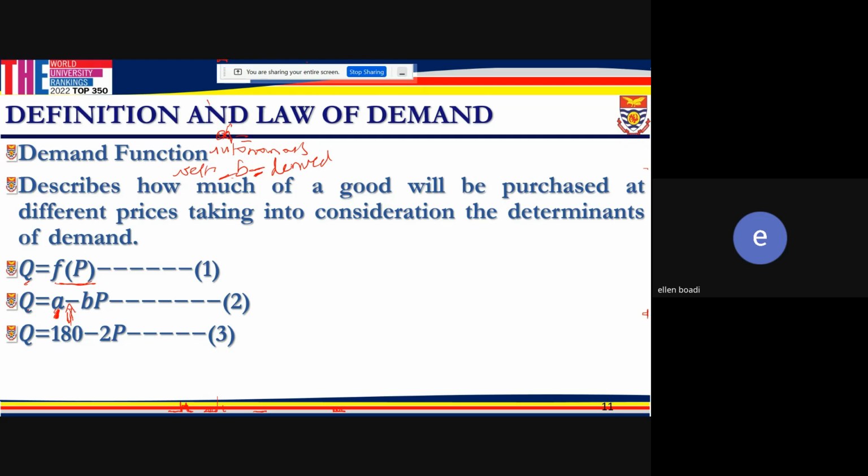Then, as price increases, quantity will decrease. So a 1% change in price, for instance, will lead to a 2% decrease in quantity, and that is what this function is telling us.